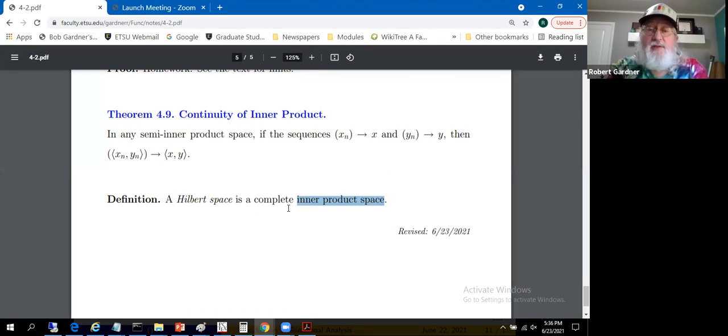Complete means Cauchy sequences converge. Informally, complete means it doesn't have any holes in it, and so we can take limits and do analysis stuff. But formally, complete means Cauchy sequences converge. So a Hilbert space has an inner product. It induces a norm. With respect to that norm, Cauchy sequences converge. So that's the foundations of what a Hilbert space is.